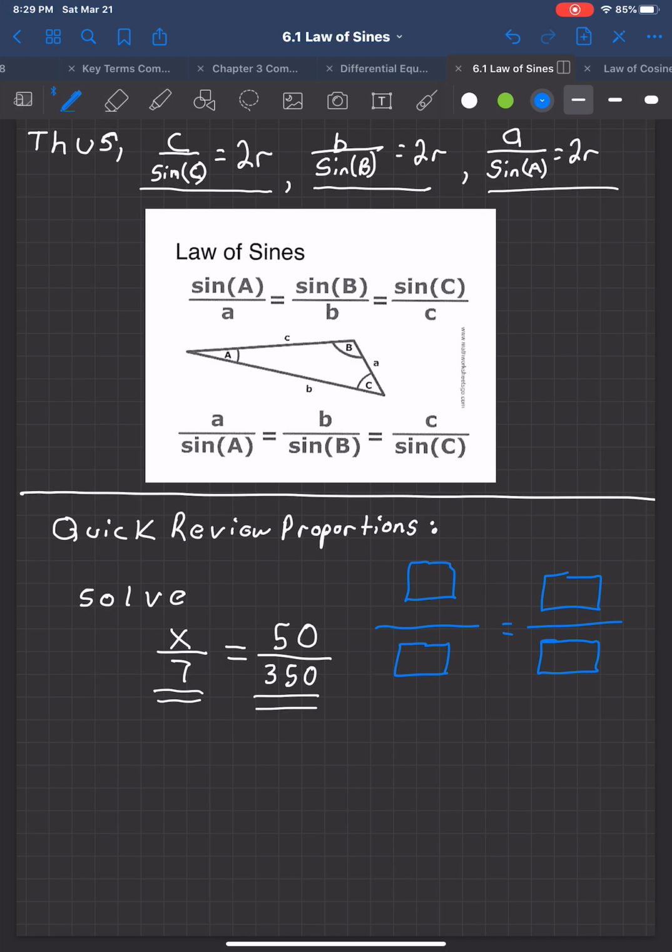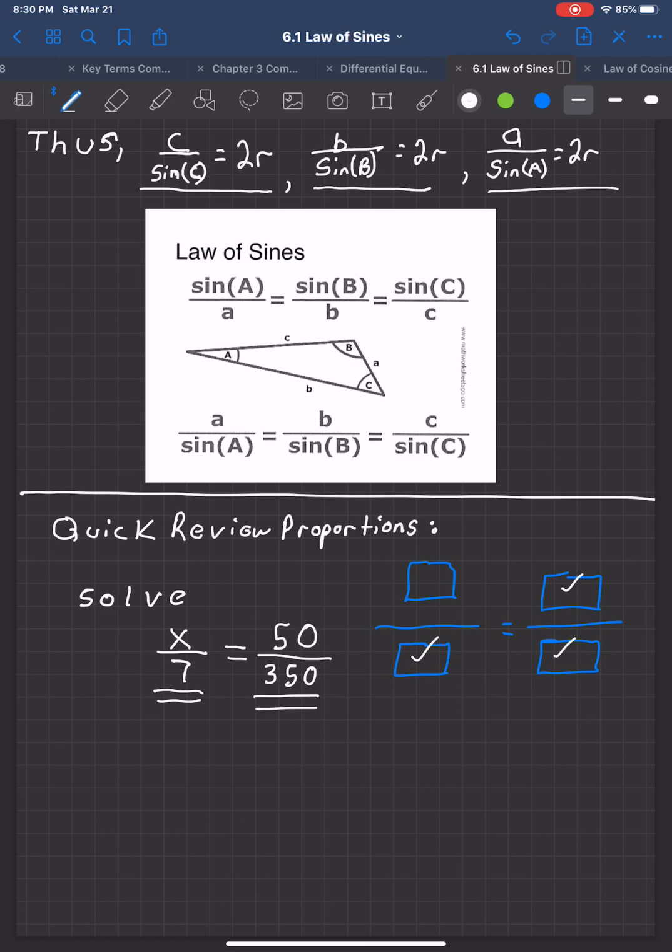In this example I have x over 7 is equal to 50 over 350. And what I need you to notice is that I have given you 3 of the 4 parts. Now that's perfect. If I can give you 3 of the 4 parts, then you can solve for the 4th part. Ready?